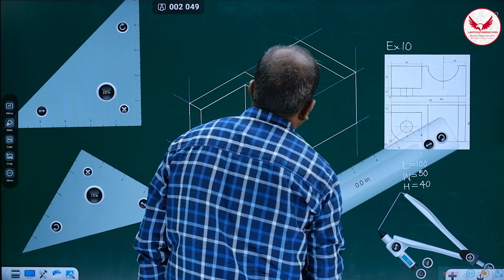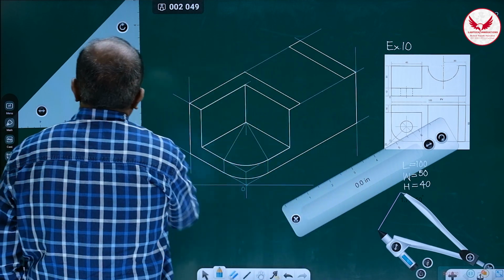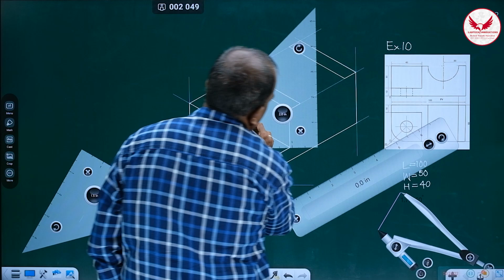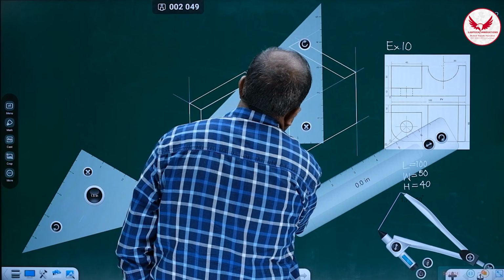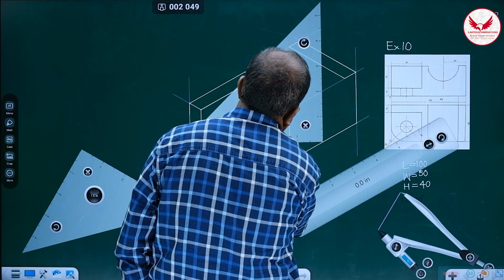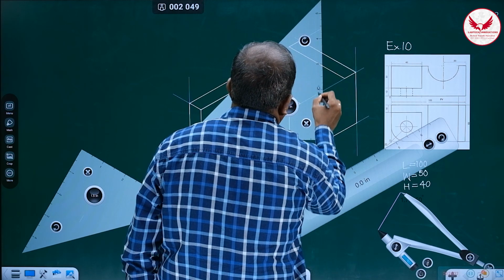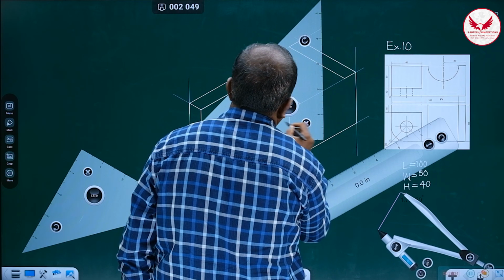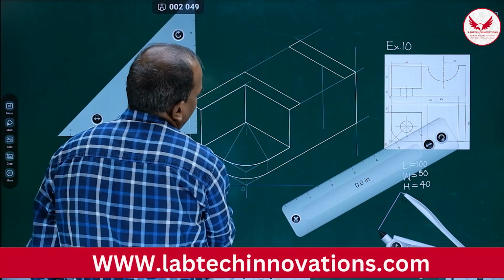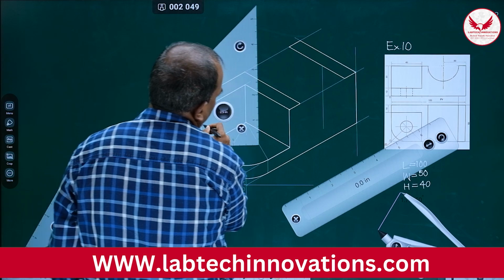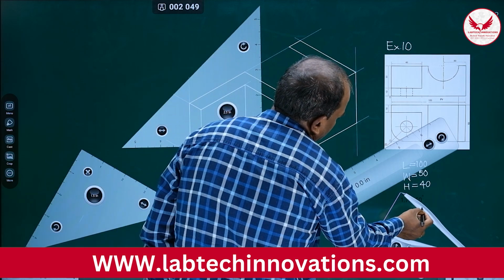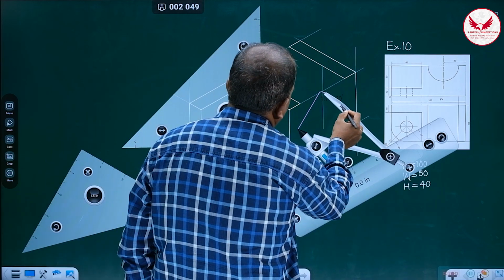Once we mark the midpoint, the circle is in the vertical plane. From that midpoint, we have to draw the vertical line. Not circle, semicircle. The semicircle is in the vertical plane. So you draw this vertical line. Now for the rhombus, only the line parallel to length and this will be used.